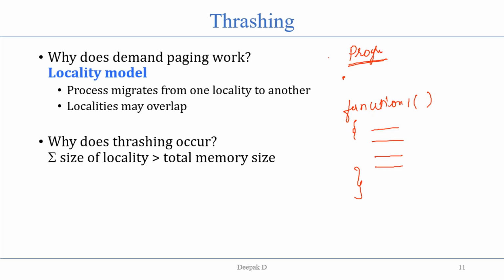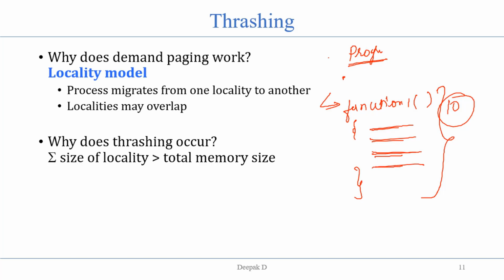When the process starts its execution, the control may be given to this function for its execution. This function may be executed multiple times. Assume that this function is called 10 times, and these instructions are active in nature for a certain period of time.